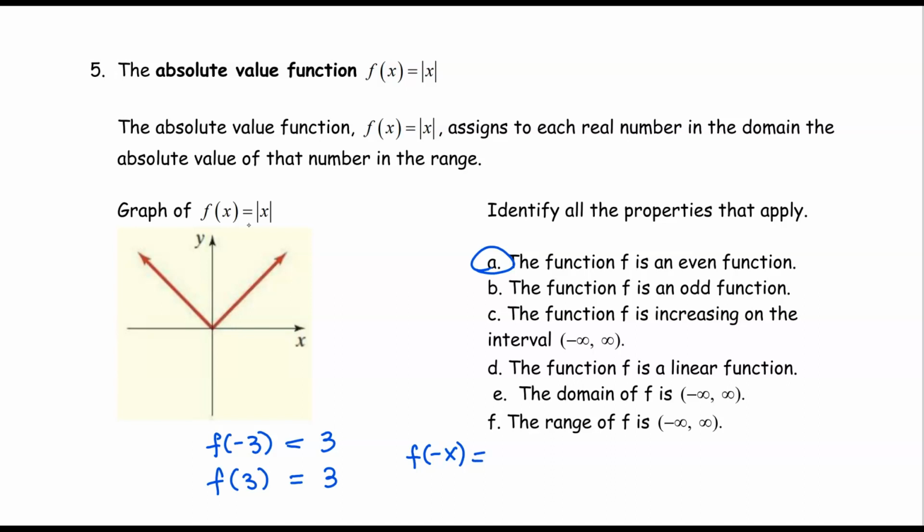F of negative x is the absolute value of negative x, and the absolute value of a negative number is still the absolute value of x, and that is your f of x. So we've seen that f of negative x is equal to f of x. So that makes it an even function.